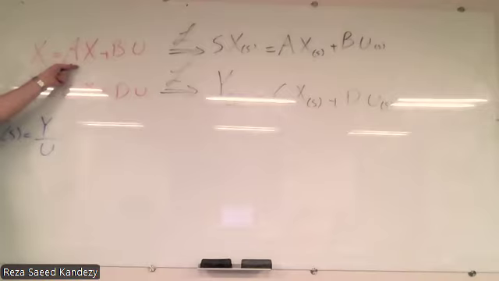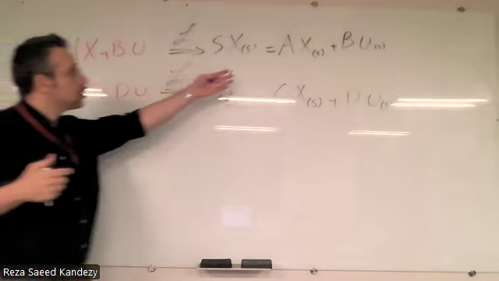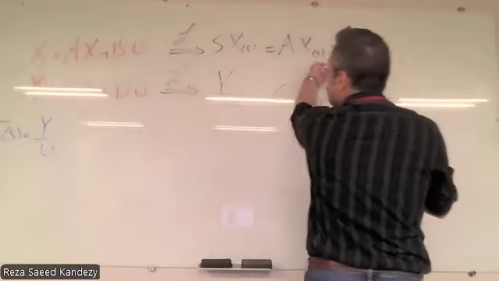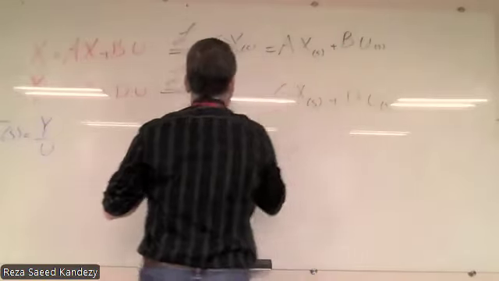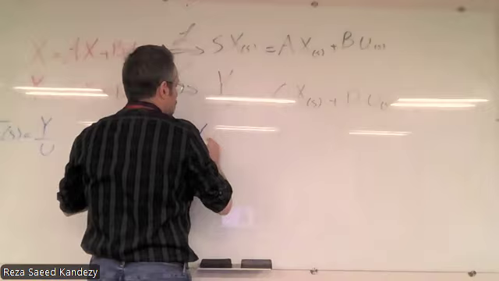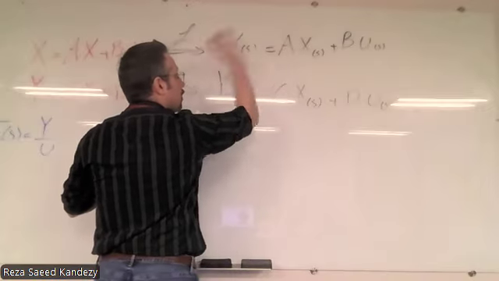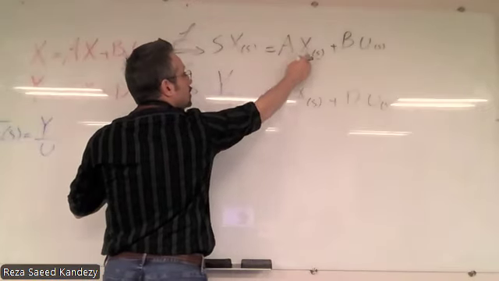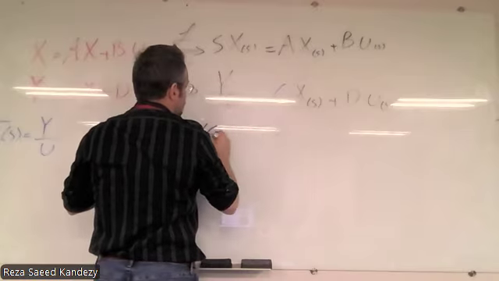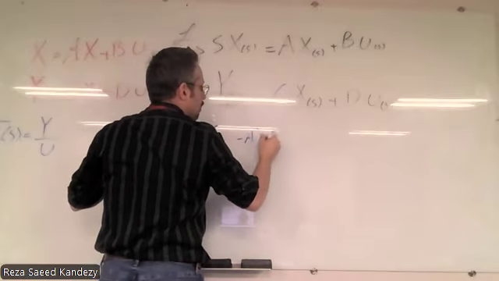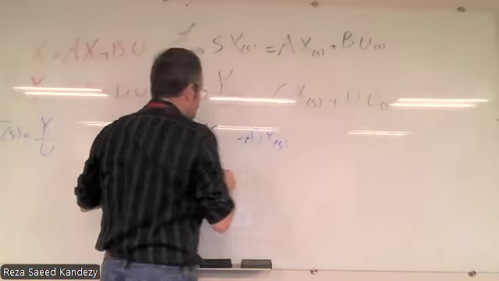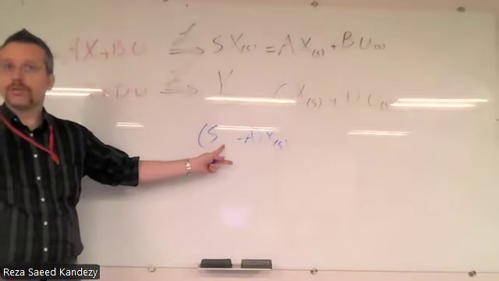Using the first equation. From the first equation, if we solve for x of s, if we bring the Ax to the other side, it's going to be s x of s, but s is a scalar.